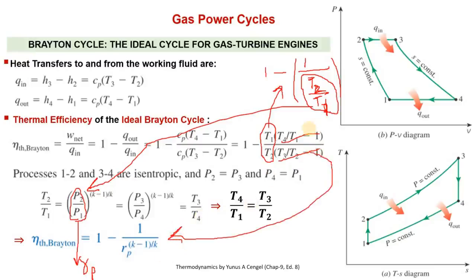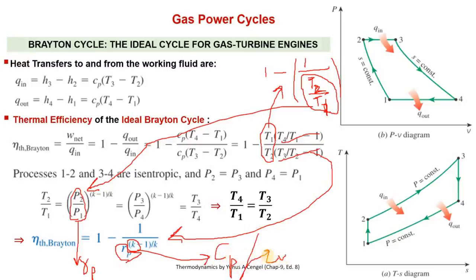Right. So now we have the efficiency of the Brayton cycle only in terms of pressure ratio and k. What is k? k is the specific heat ratio, Cp over Cv.